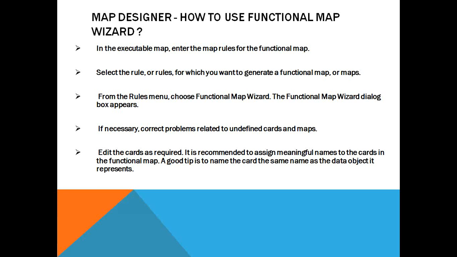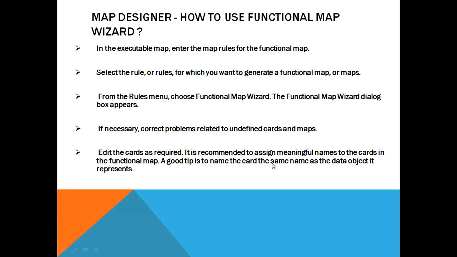If your input is an order, give order as the card name. Similarly, if your output is X12 270, give X12 underscore 270. Not only for the main map, even for the functional maps you have to give meaningful names.